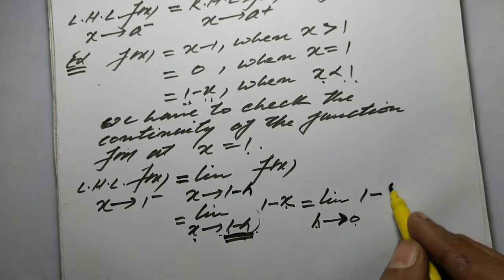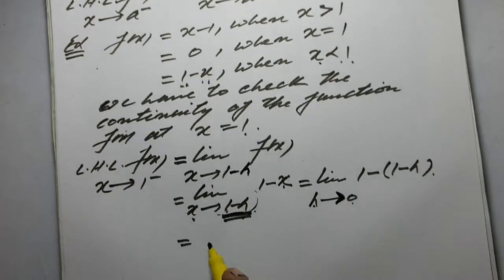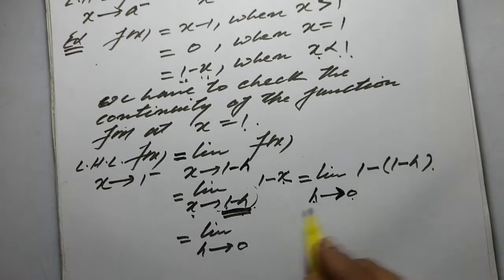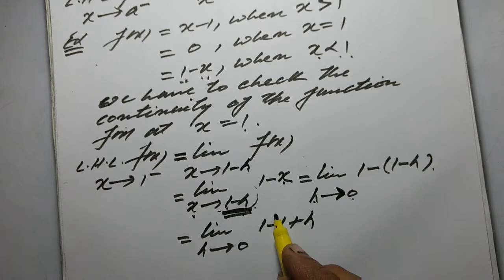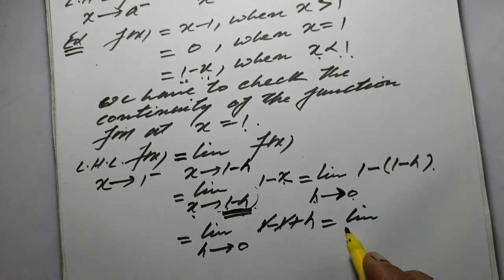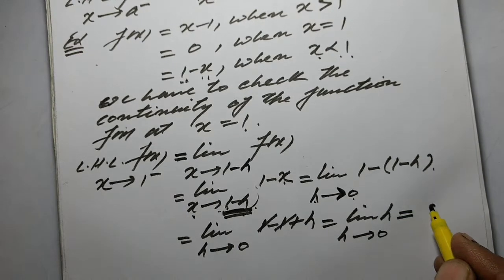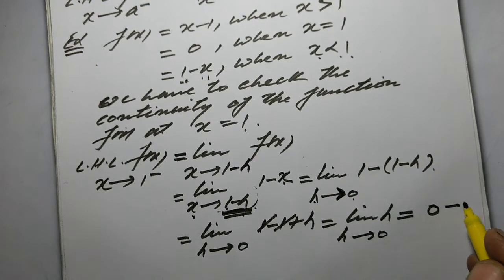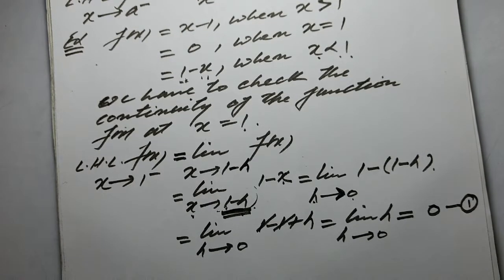So 1 minus (1 minus h) is equal to limit h tends to 0, then we open the bracket, 1 minus 1 plus h. The 1s cancel out, and we get limit h tends to 0 of h. Applying the limit, we get 0. So the value of left hand limit is 0. This is the algorithm to find left hand limit.